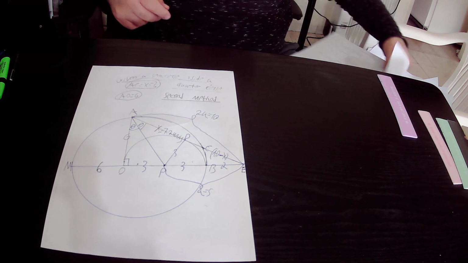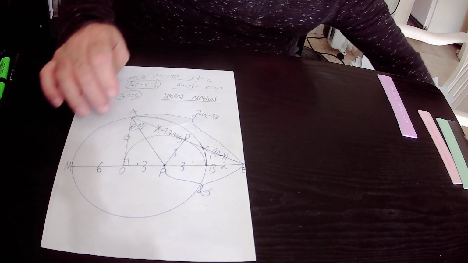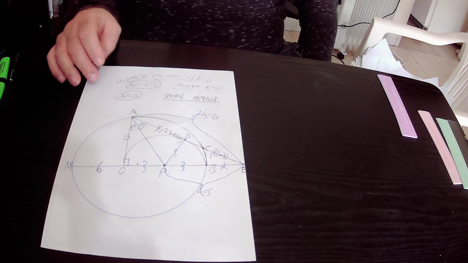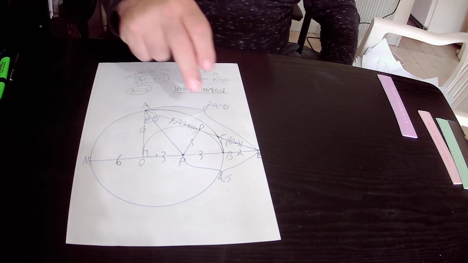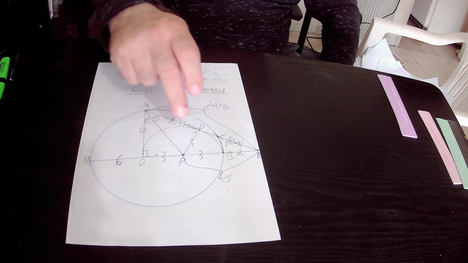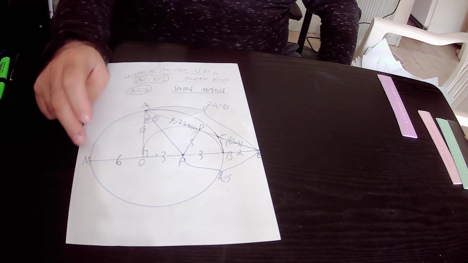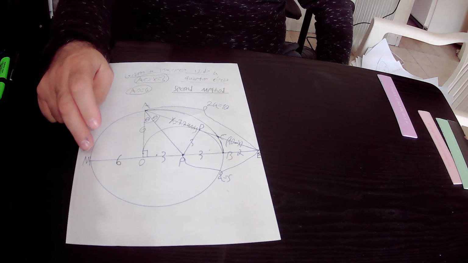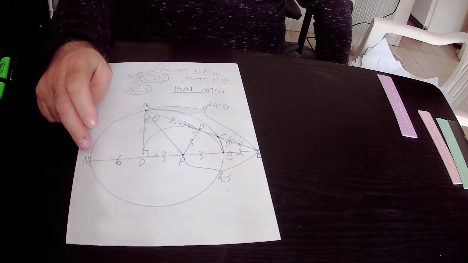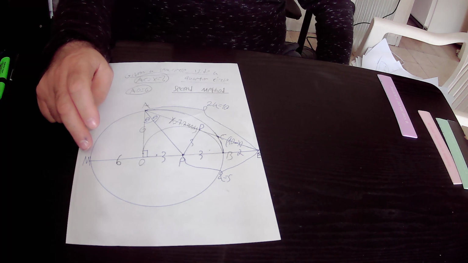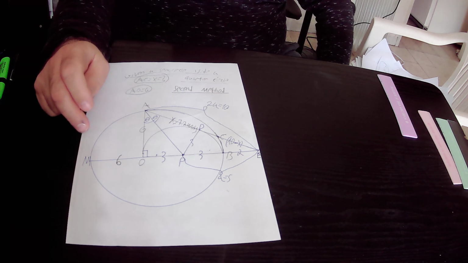Then we completed the quarter circle to a circle. And we extended line segment BO by a straight line until it touches the circle at this point. Point M is the touching point of the extended line segment BO and the circle.